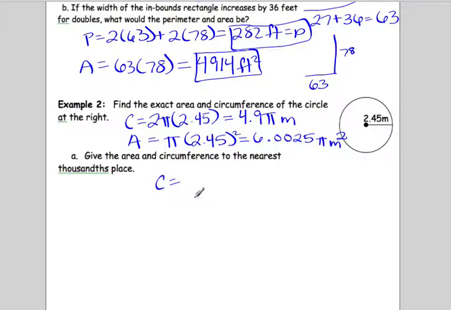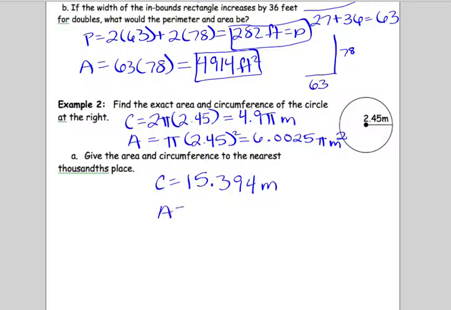I'll push the blue second key and the caret button, which is right above the divide key. And when I type that in, I get 15.3938. So if I want to do 3 decimal places, it's going to be 15.394 meters for circumference there.